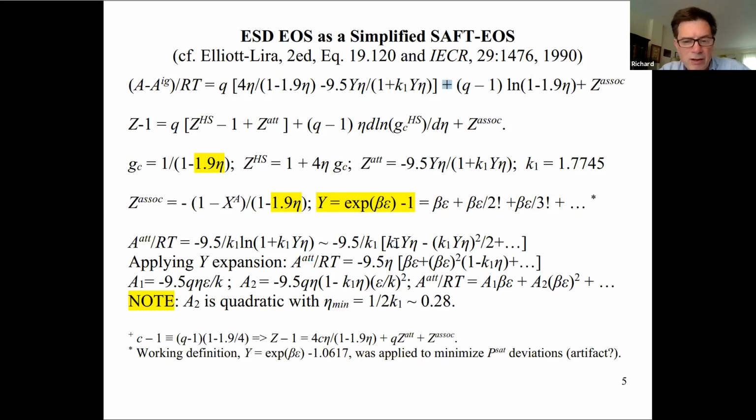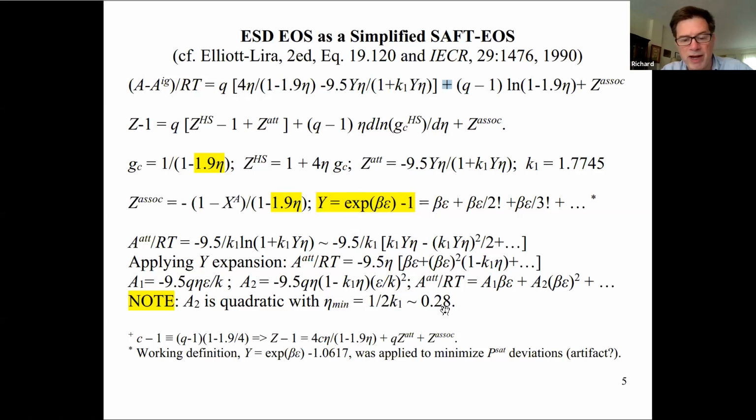The thing I hadn't actually fully appreciated until recently is that when you do this expansion, you get a negative second order term that is opposite in sign from this contribution to the second order term, and so it actually turns around and makes it quadratic.